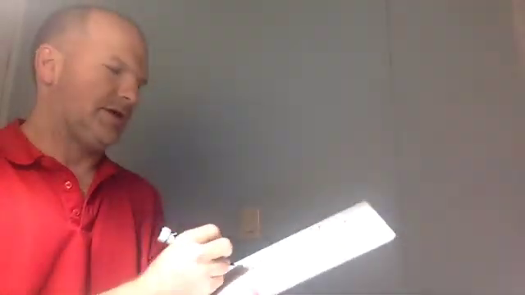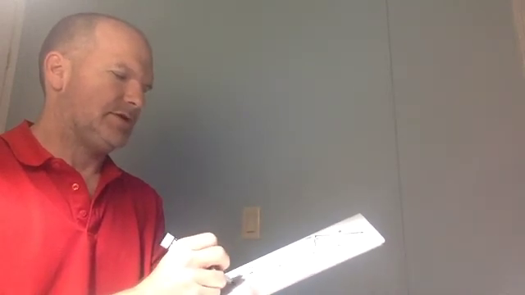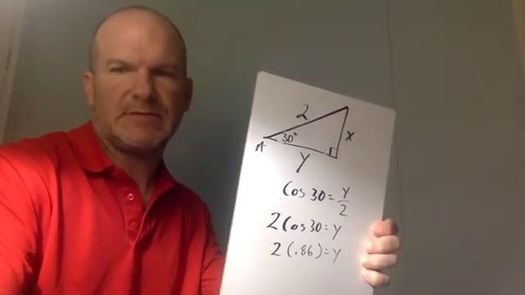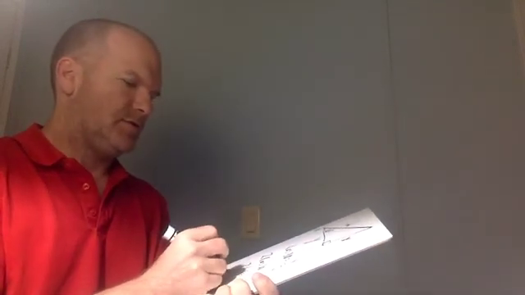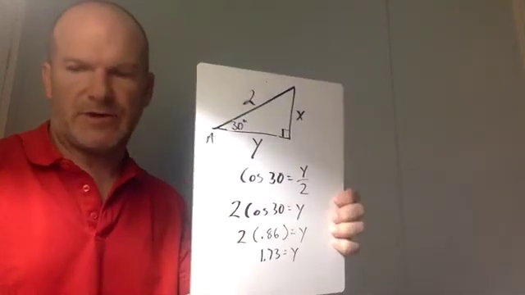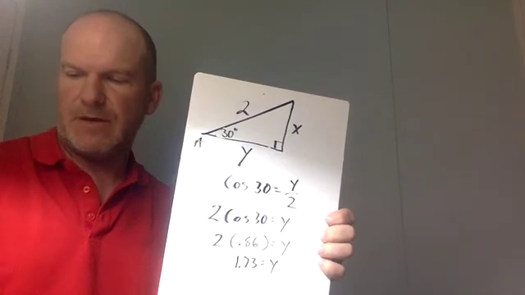All right, so 0.86. So it's 2 times 0.86 is equal to y, and 2 times 0.86 is 1.73, which is essentially the square root of 3. If you took the square root of 3, you're going to get a decimal. It looks almost exactly like that.